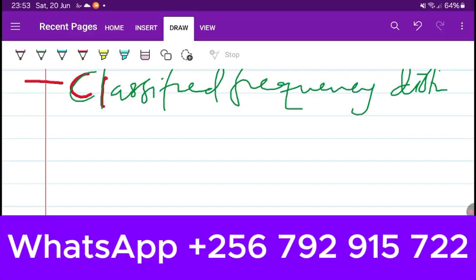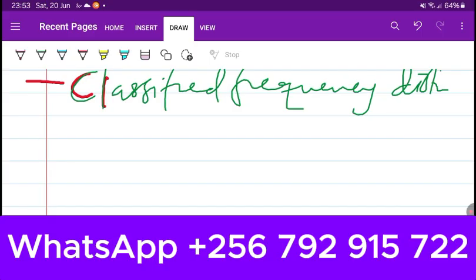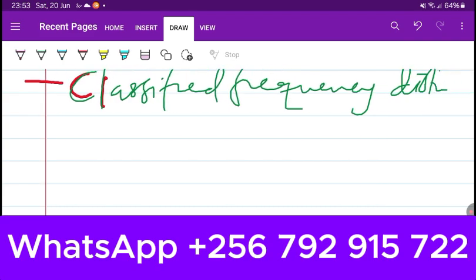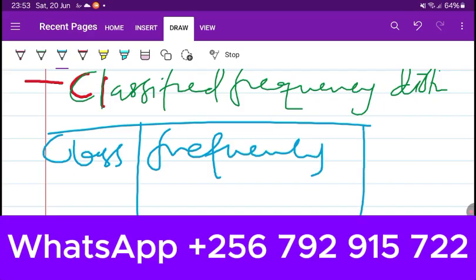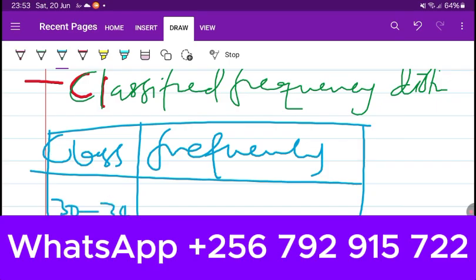We shall have information regarding certain classes, whereby we are going to have a table. We can have a table where these are classes, and here we have the frequency. Then we have a class maybe from 30 to 34, then 34 to 35, or 34 to 40.